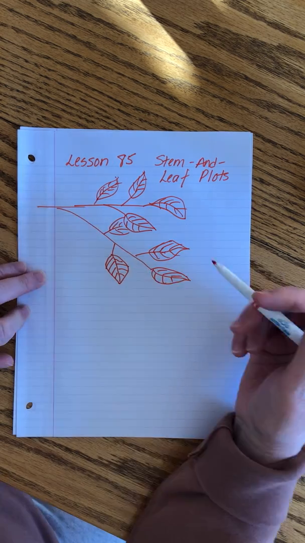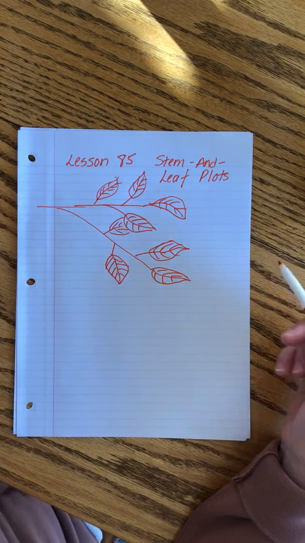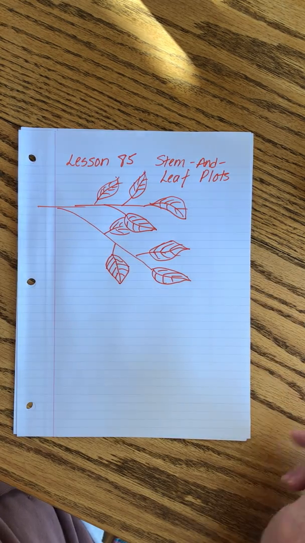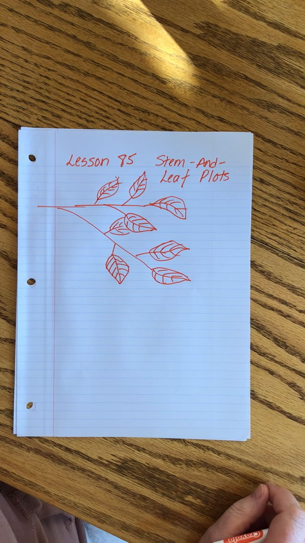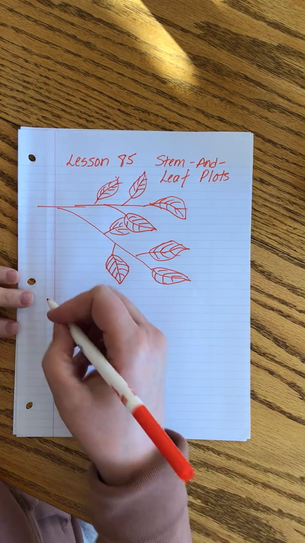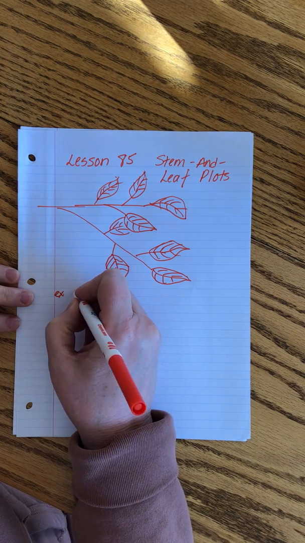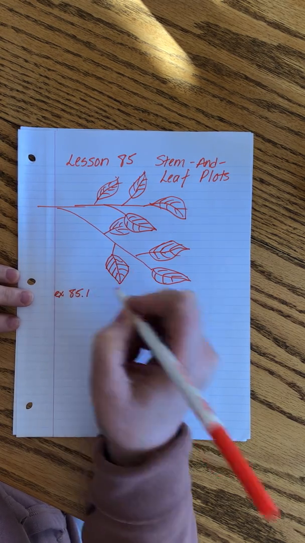Okay, so we have multiple stems and they each have leaves on them. We're going to create the mathematical version of this. And it happens in the world of statistics when we are trying to arrange our data in a meaningful way so that we do not get bogged down in a bunch of numbers but see patterns, okay?